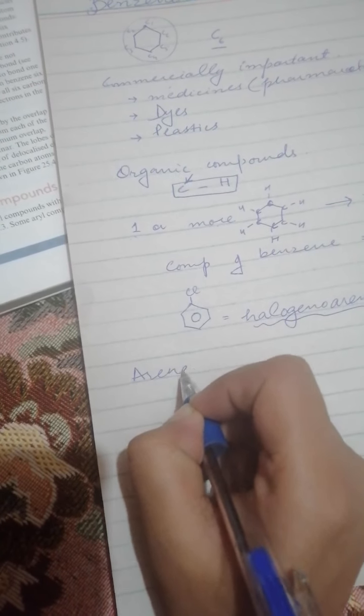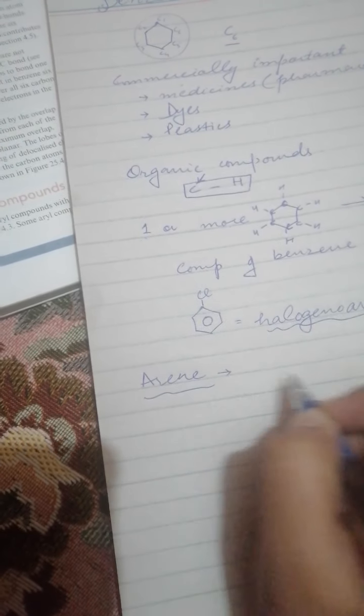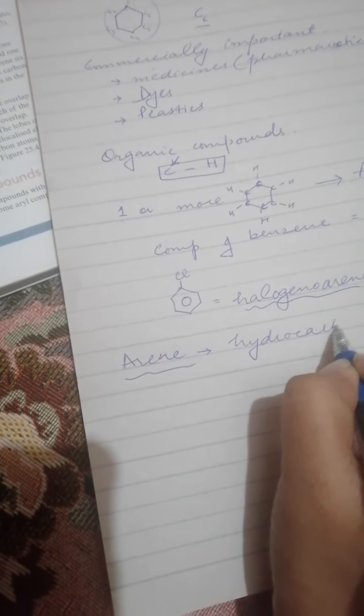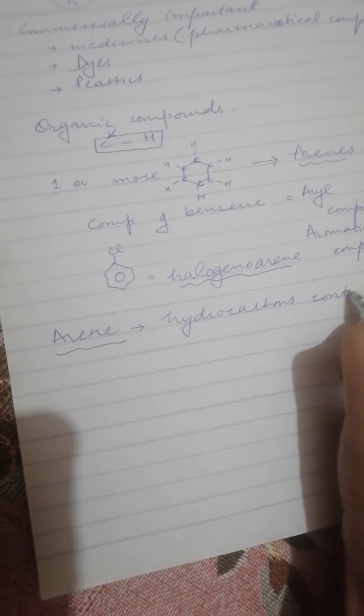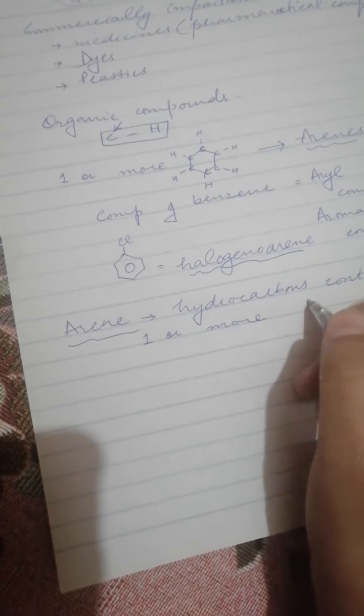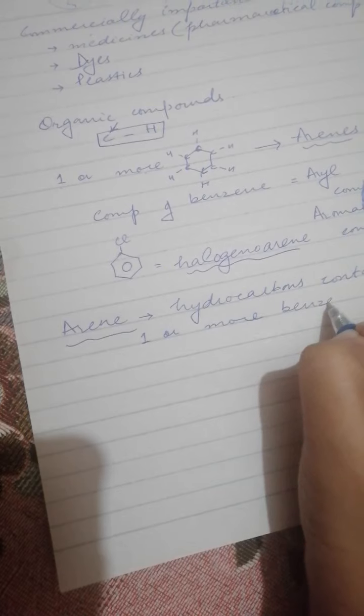So for the definition of arene, we can say they are hydrocarbons containing one or more benzene rings.